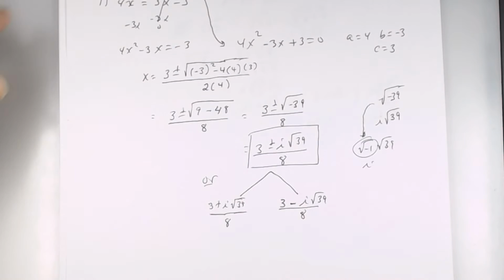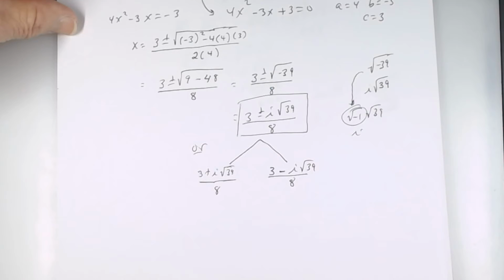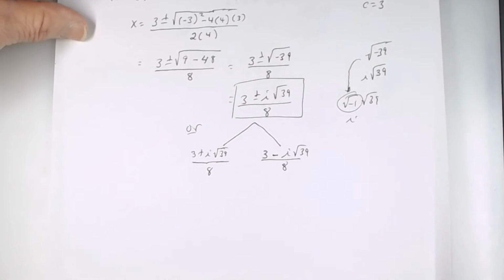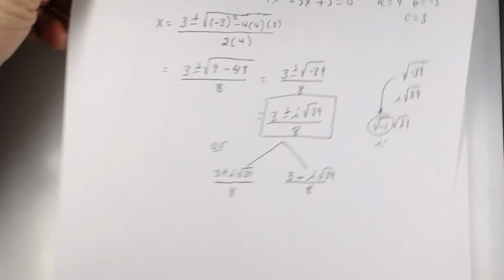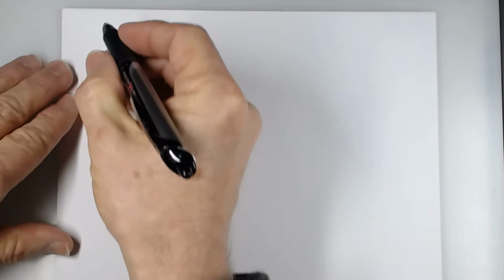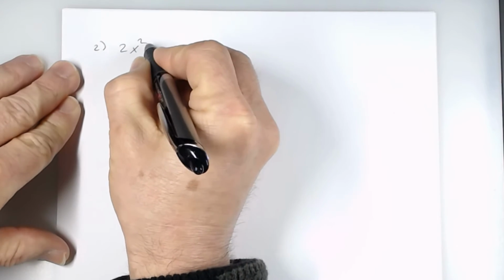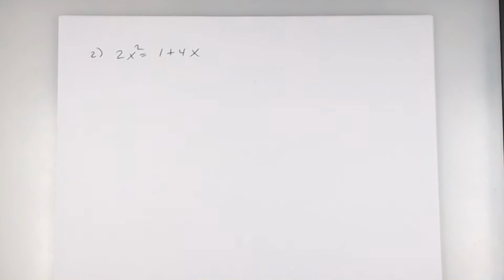Okay, let's look at number 2. So number 2, you have 2x squared equals 1 plus 4x.